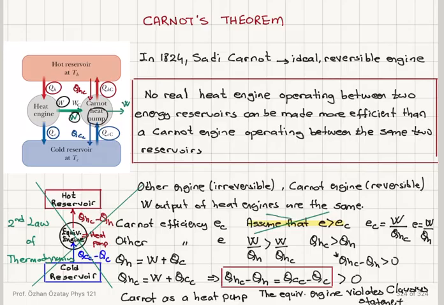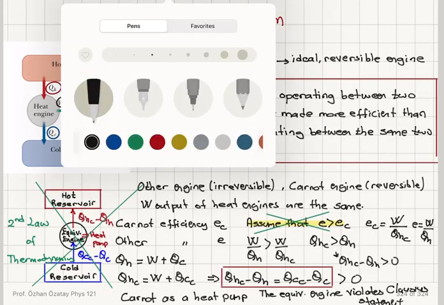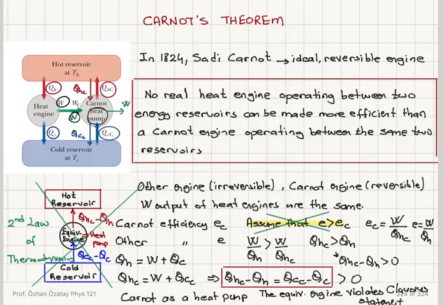The other engine cannot be more efficient than the Carnot engine. So what makes the Carnot engine special? It is reversible. A reversible Carnot engine is always going to be more efficient than any other real heat engine that is operating between the same two reservoirs and providing the same amount of work output.